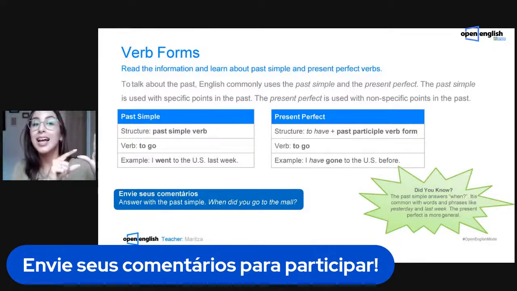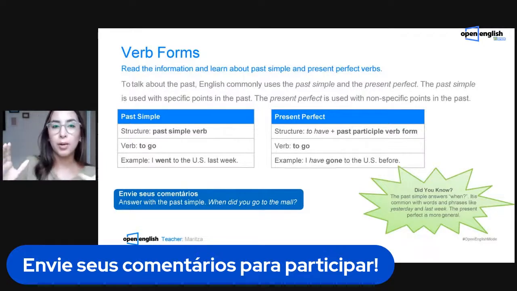So I went to the US last week. Now we know that we're talking about exactly last week, not last month or last year or sometime. We would just say, I went to the US last week, so we say went. But to talk about a previous general experience, we can say, I have gone to the US.